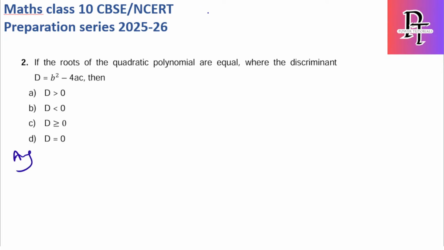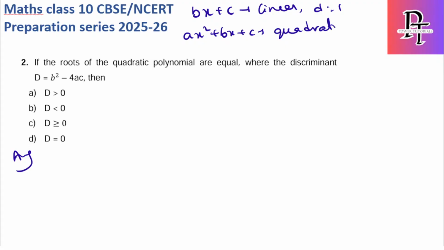Before that, a small topic. If I have something like bx plus c, I call this equation linear and the degree is equal to 1. If I have the standard quadratic equation, which is ax squared plus bx plus c, then this is quadratic and the degree is 2.